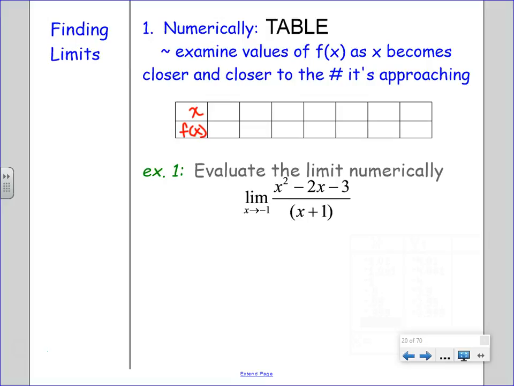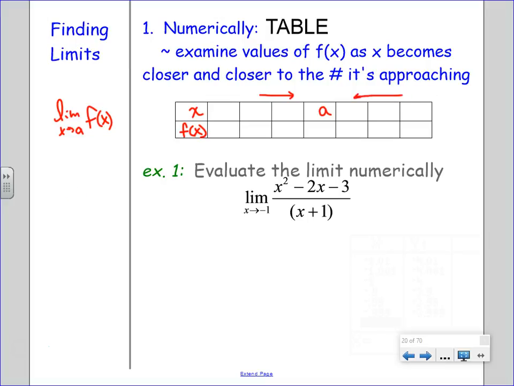So if I have the limit as X approaches A of f of X, A would be in the middle if I'm writing it down. But I'm trying to approach A from below, with different X values that get closer and closer, and from above, different X values that get closer and closer.